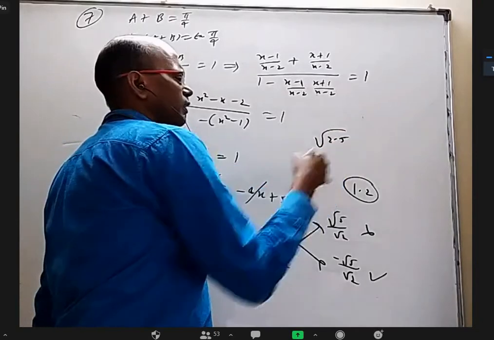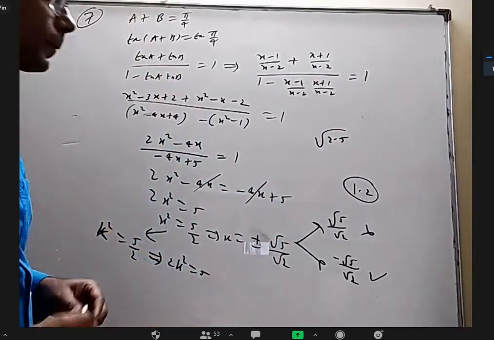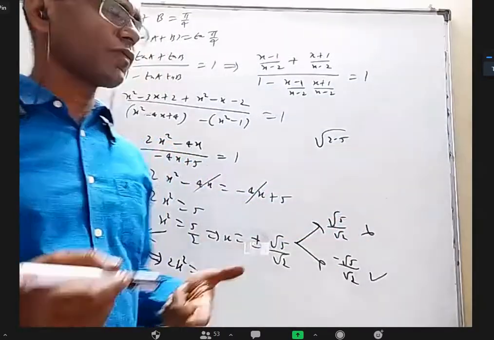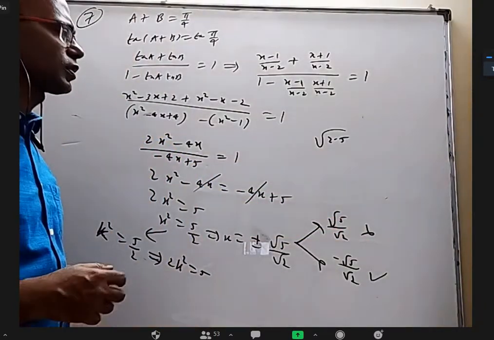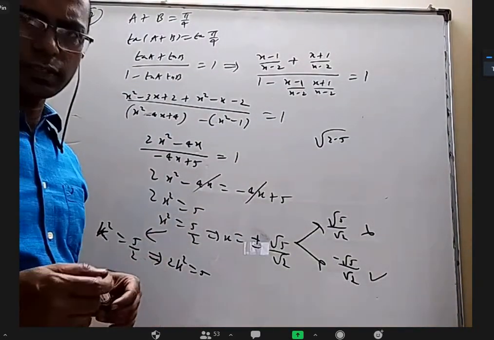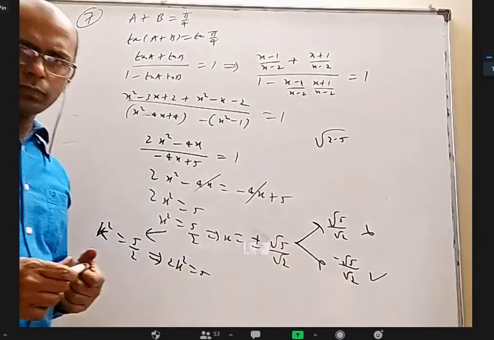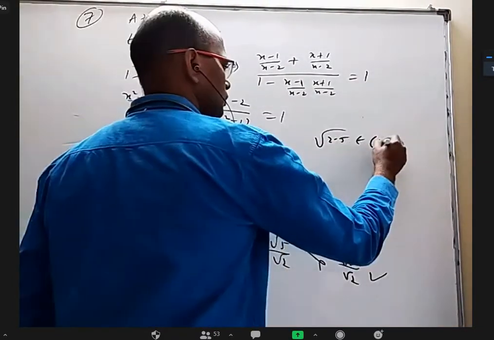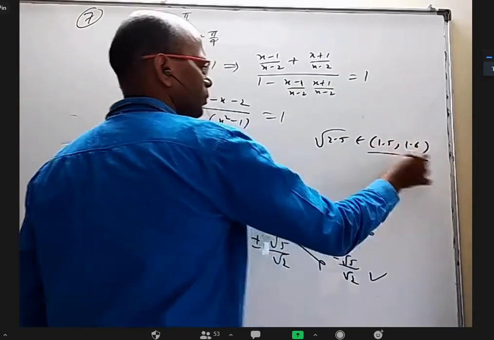Root 2.5 is roughly what? 15 is 225, no, 17, no, 16, here 2.56, between 1.5 and 1.6, isn't it? Yes, sir, 1.6 something, 1.58. Exactly. Okay, it's between 1.5 and 1.6.